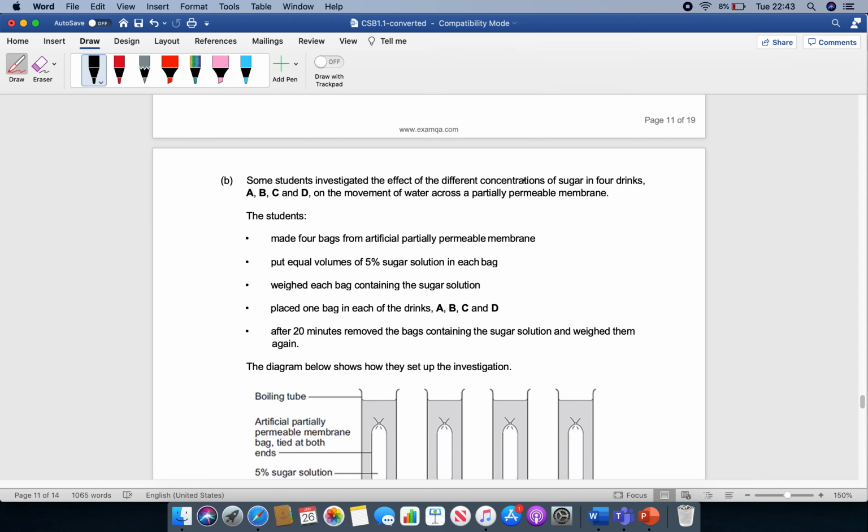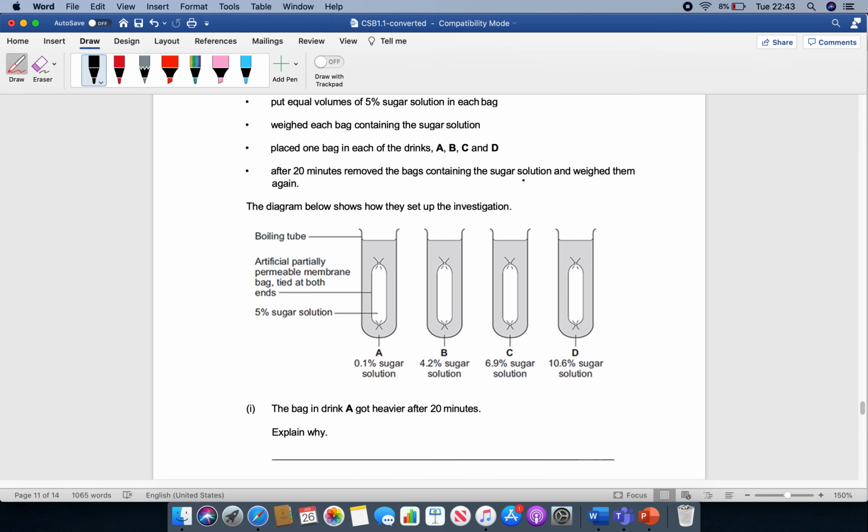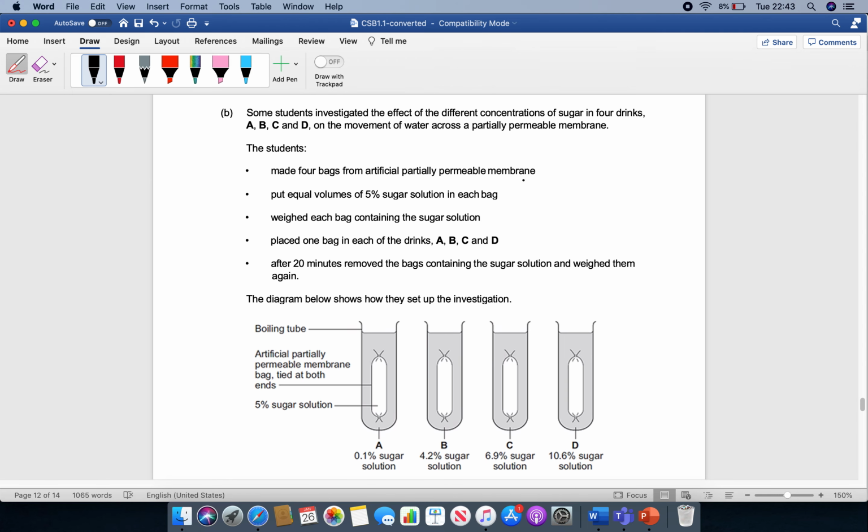Next question. So some students investigated the effect of different concentrations of sugar in 4 drinks A, B, C and D on the movement of water across a partially permeable membrane.